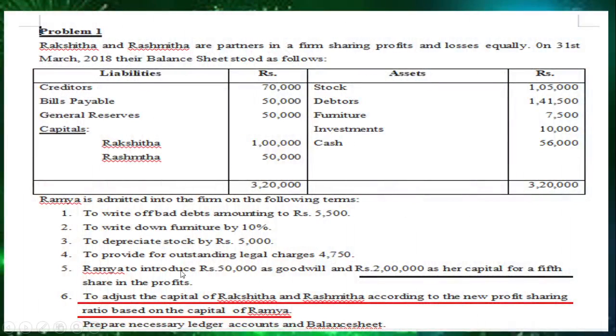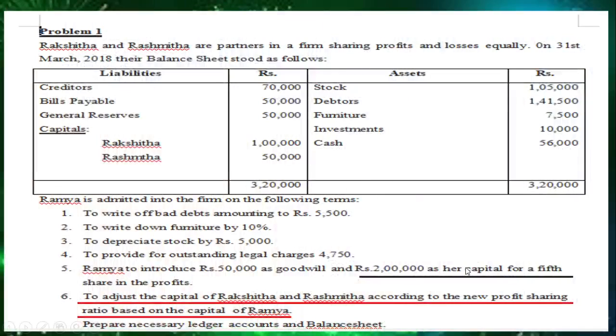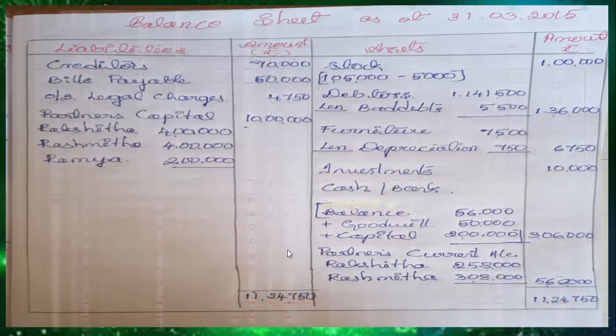Investments 10,000. There are no adjustments regarding investments, so I will keep it as it is, 10,000. Cash balance: the original balance given in the balance sheet is 56,000, plus goodwill brought in 50,000, plus capital brought in by Ramya 2 lakh.